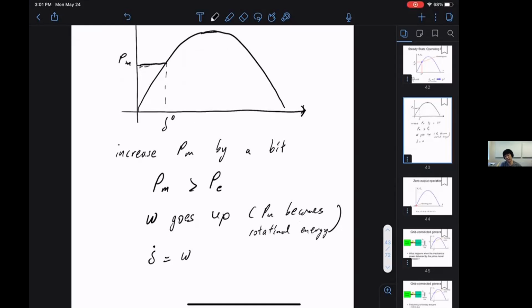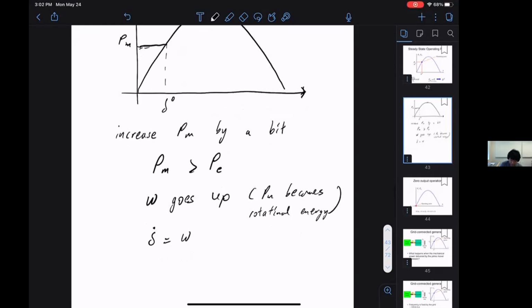So I have more mechanical power, therefore my turbine spins faster. Omega goes up. But frequency is, by definition, the derivative of angle. Angle is in radians, frequency is in radians per second.